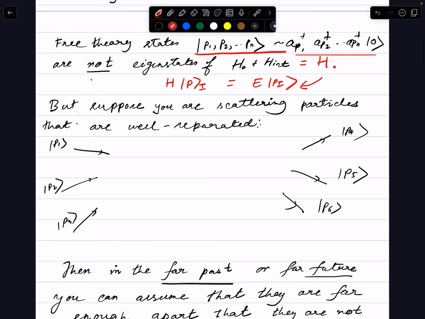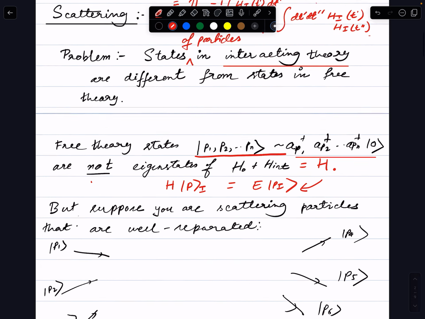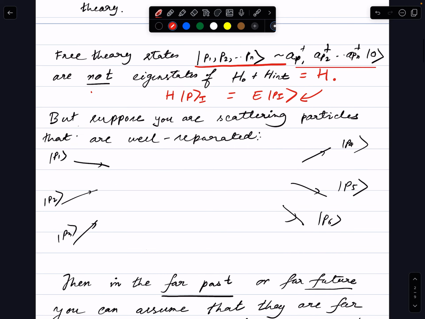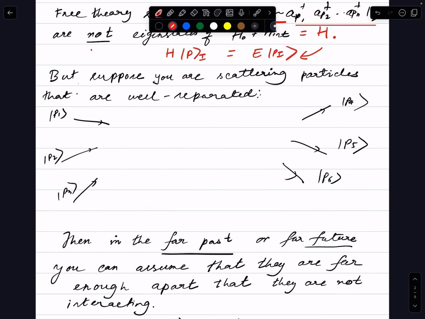So what we do in perturbation theory is that this part is called the scattering problem. We are considering an experiment where we throw some things together, they interact, and then they again separate. If we were throwing stones, for example, we would throw two stones, they would hit each other, and then they would go a different way. Or if we have electrons, we start the electrons with some speed.